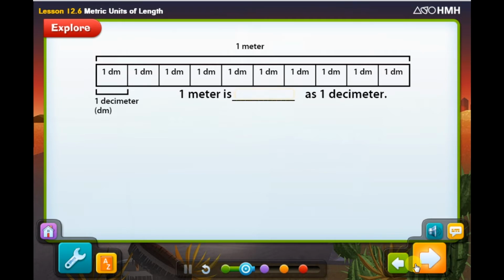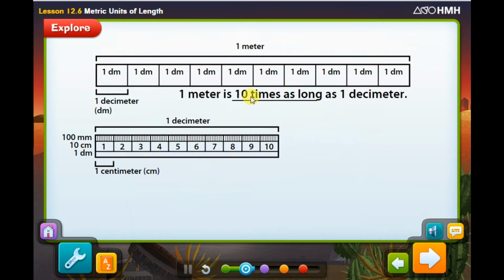So, a decimeter is 10 times smaller than 1 meter. So again, let's count how many decimeters in 1 meter. 1, 2, 3, 4, 5, 6, 7, 8, 9, 10. So this means each 1 meter contains 10 decimeters. 1 meter is 10 times as long as 1 decimeter.